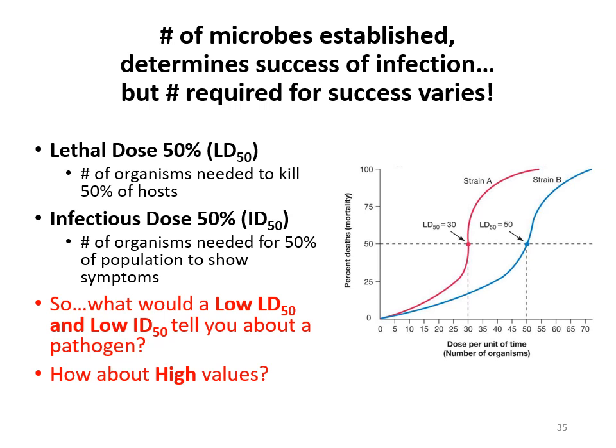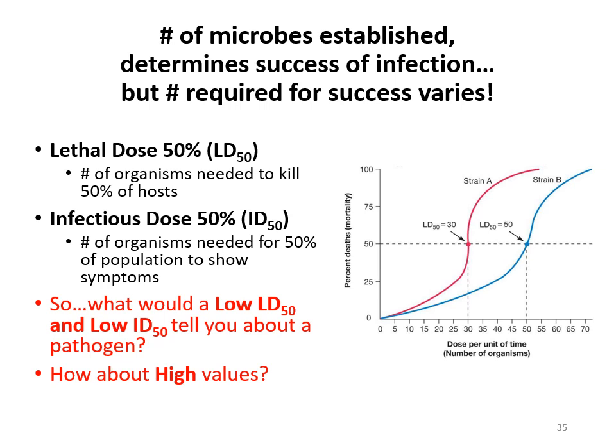These are lethal dose 50% and infectious dose 50%, okay? So we'll first give the straight, textbook definitions, but then I'll give you a little insight into how to really work with these values.